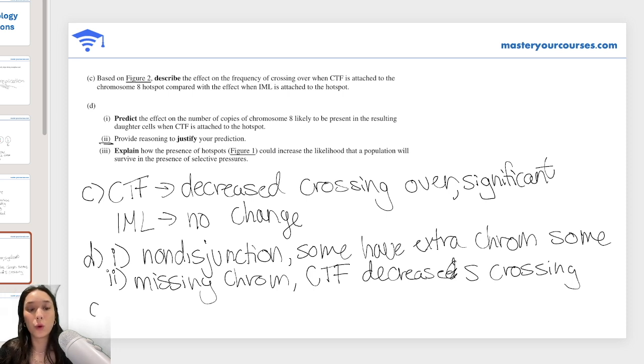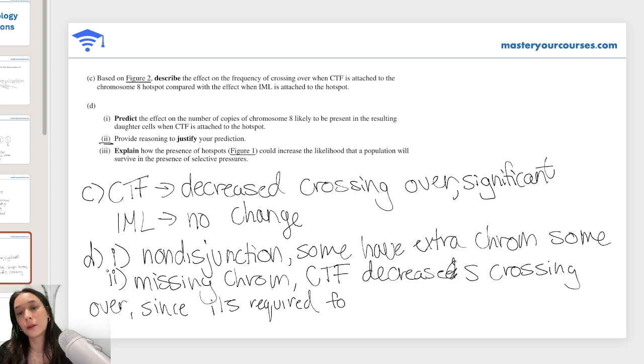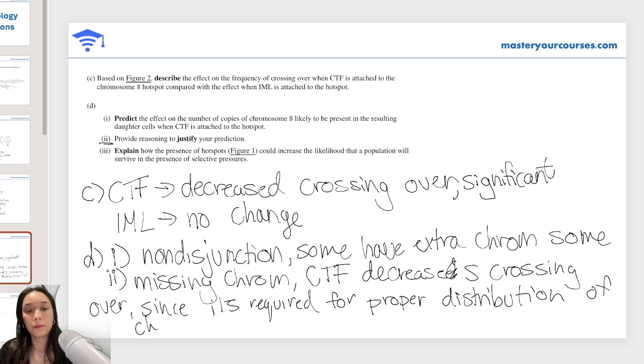And then since it's required for proper distribution of chromosomes, you're going to get non-disjunction, or basically less accurate moving around of those chromosomes.